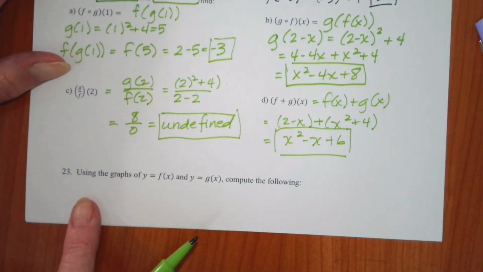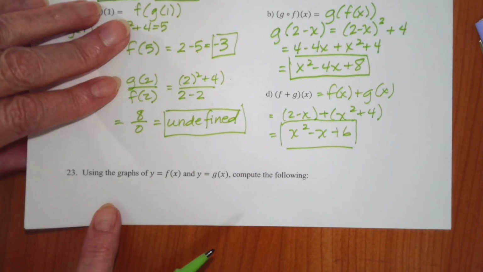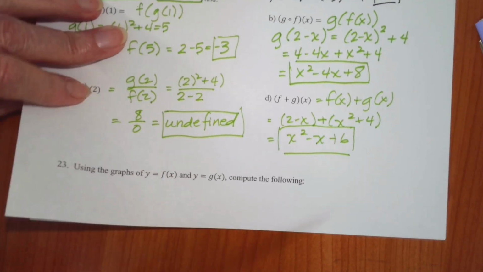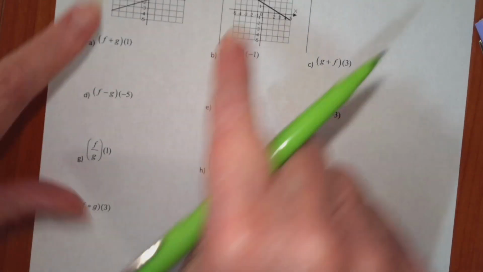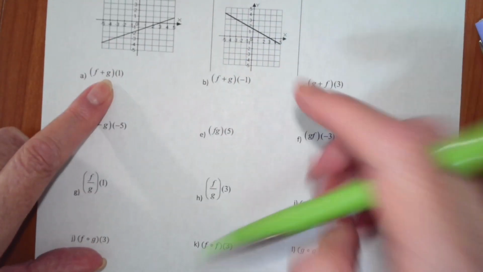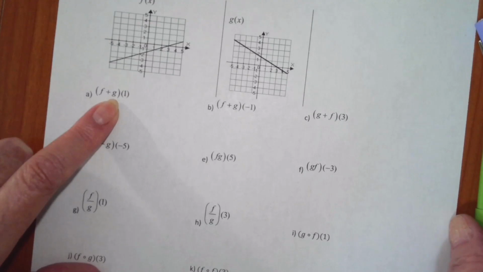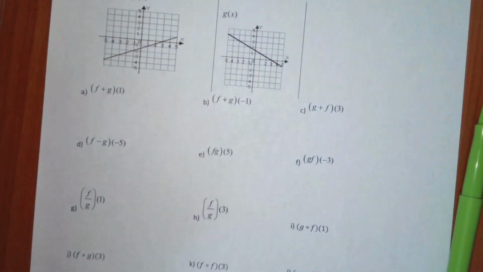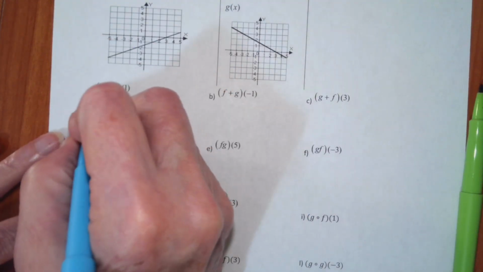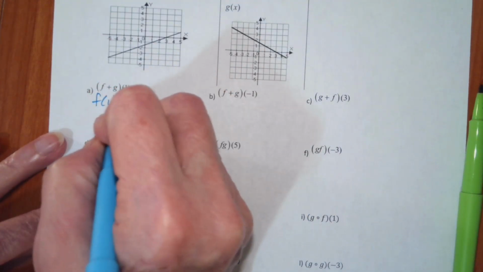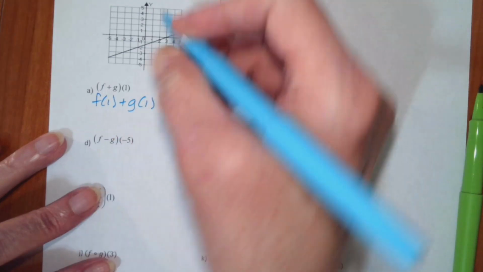Okay, so for 23 now we want to use the graphs to complete this information. So we're given f of x and g of x. All right, so what do I want to do here? Well, if I have f plus g of 1, that means I want f of 1 plus g of 1.